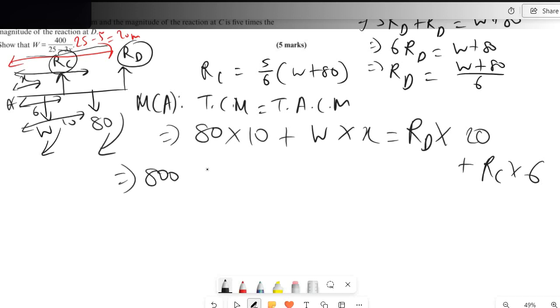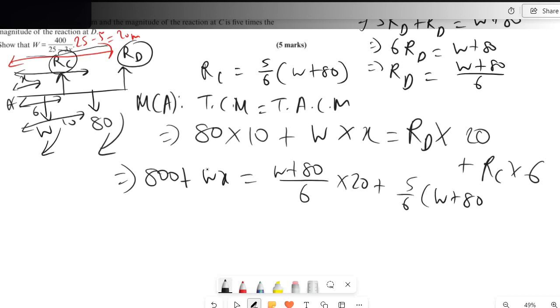So simplifying, we get 800 plus WX is equal to RD, which is W plus 80 divided by 6 multiplied with 20, plus 5 by 6 multiplied with W plus 80 into 6.